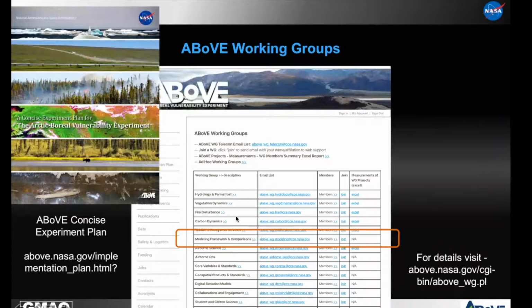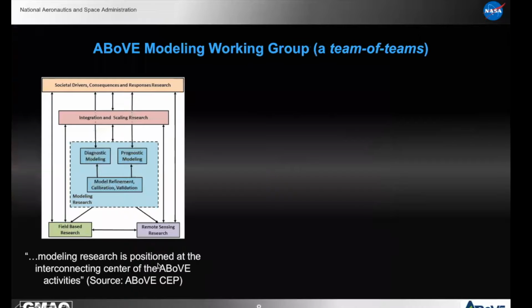A description of all the groups and their overarching goals and activities is available in the ABoVE concise experiment plan. This is a moving document, to be perfectly honest, and it is getting refined and updated pretty often. If any of you want more information, you can visit any of the links noted here.